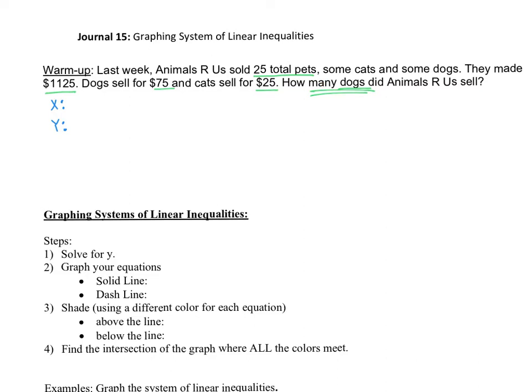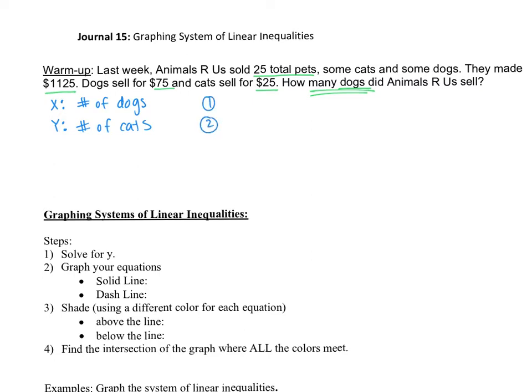So I'll make x the number of dogs. And y could be the number of cats. Now, I don't need to figure out the number of cats sold, but it might be nice to have that as a variable to help me solve for the number of dogs. Since when you're creating a system, you usually need two variables and two equations. So let's go ahead and make those two equations here.